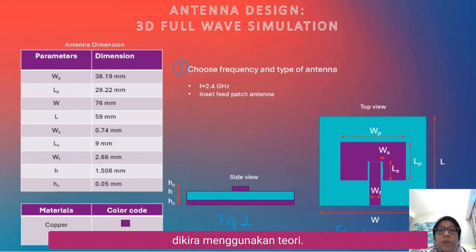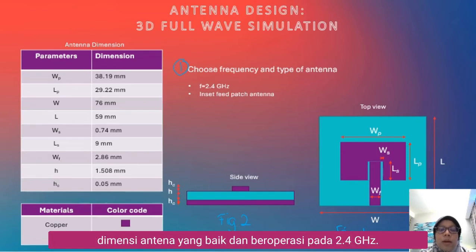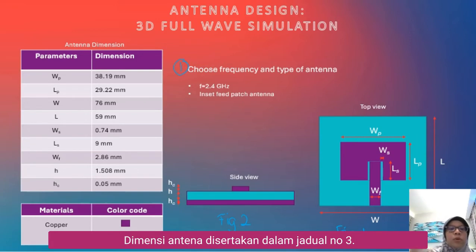Okay, however, to make our life easier, I'm just presenting these parameters with their dimensions, which are supposed to create a good antenna at 2.4 gigahertz. So the antenna dimensions are represented in table number 3.